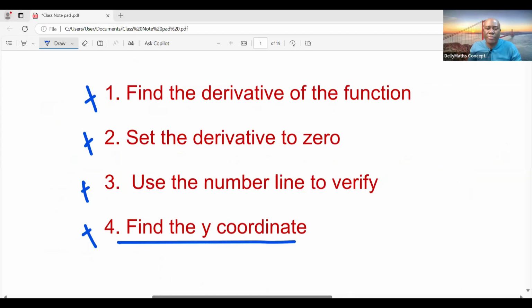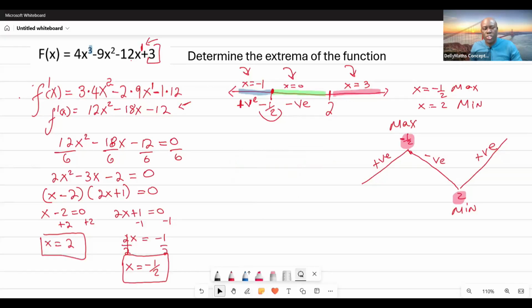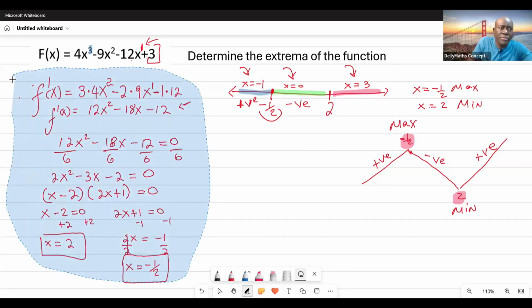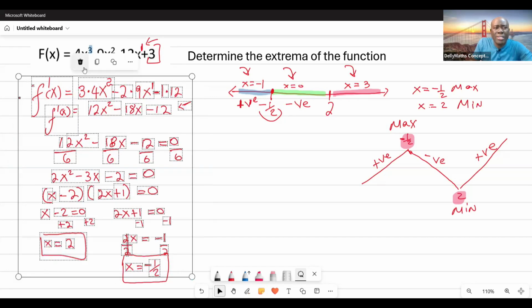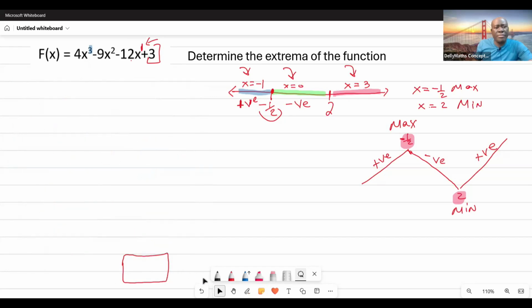Now remember that when you're finding this y coordinate, you have to go back in the original function from the beginning, okay? So let us not mix that up with the derivative. So I took that off, so we can't make that error. We are going for the original function.